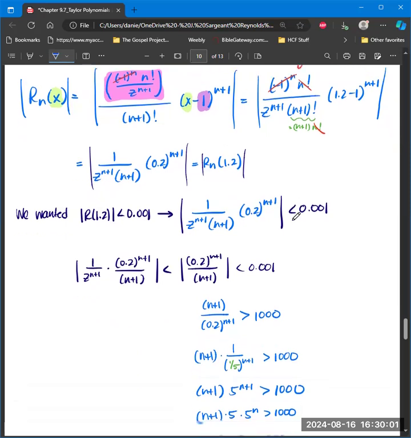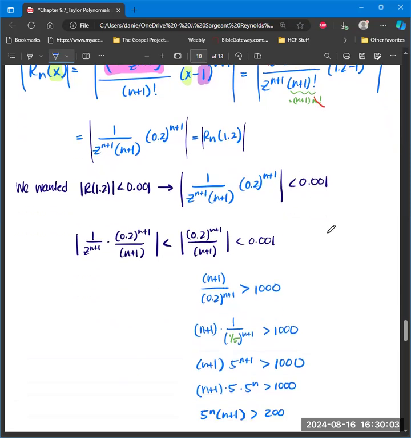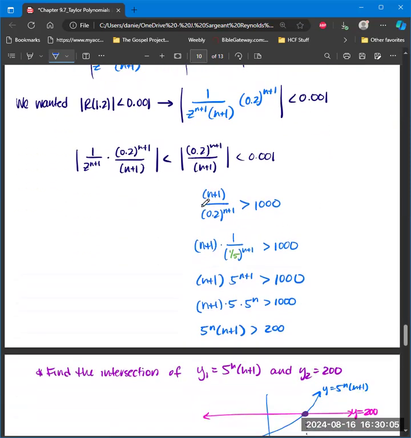0.2 to the n plus 1 needs to be less than 1,000th. So if we look at this, the biggest that this part here can get is 1. Z is going to be some positive number here.